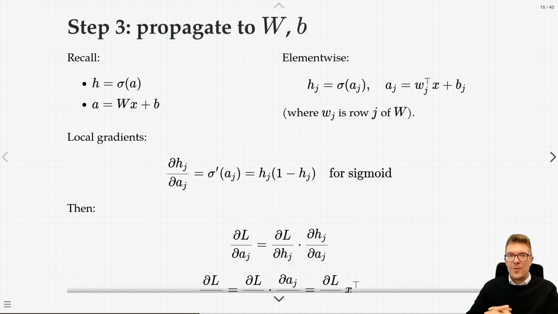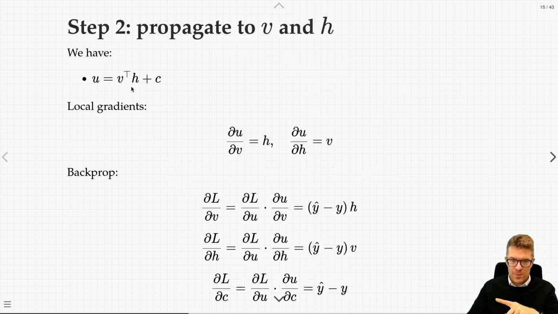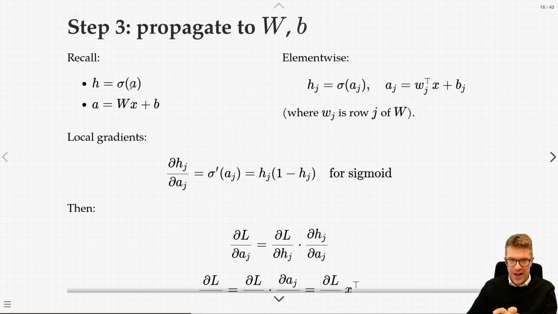Now, we keep on backpropagating information backwards towards the inputs. We still want information about w and b. So we know that h, which we were previously at node h, came from a sigmoid function applied to a, and a was a linear transformation of our inputs x using a weight matrix w and our bias b. Again, we've seen this a moment ago.